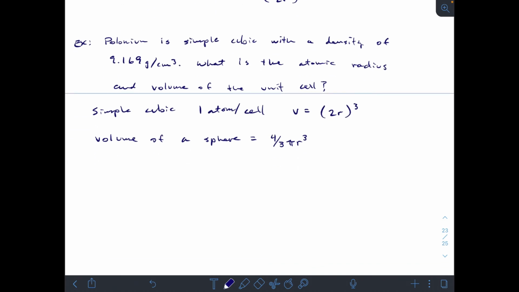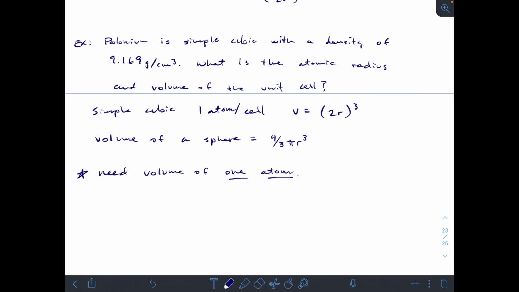And with that information, what we need is the volume of one atom. Okay, so our density has grams per volume, right?